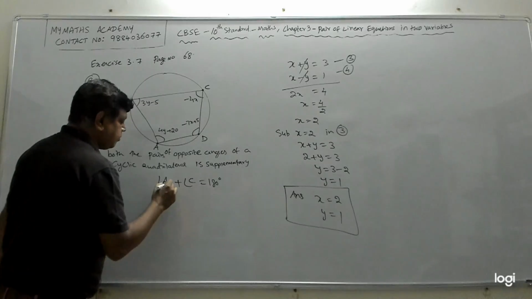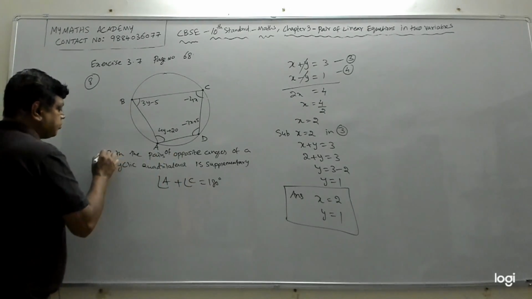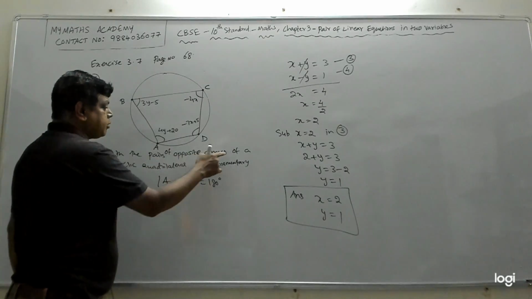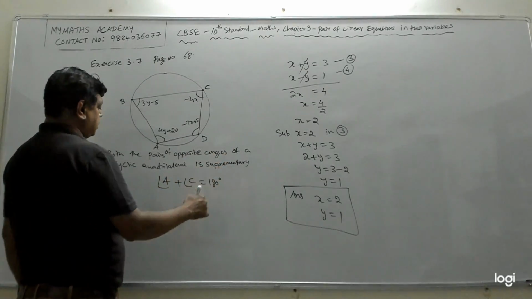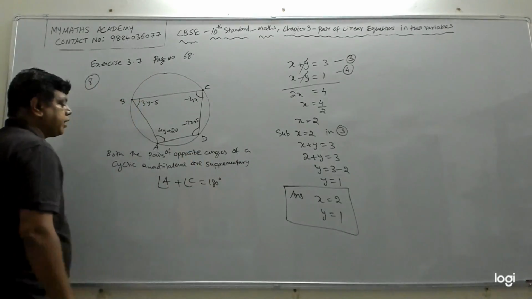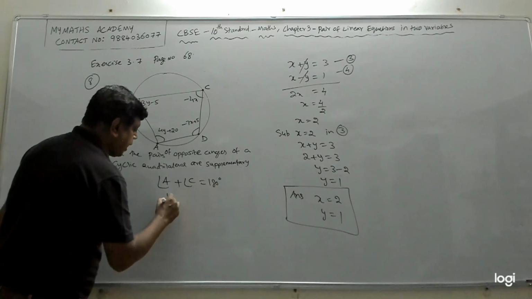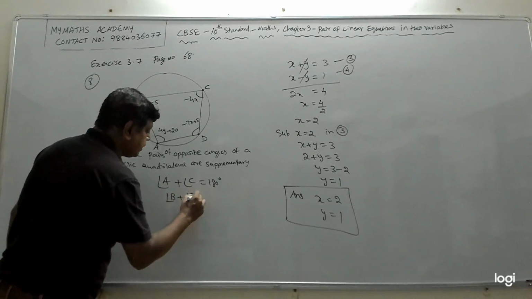What is the meaning of this statement? Both the pairs of opposite angles of the cyclic quadrilateral are supplementary. Sorry for the mistake in English. Which means angle A plus angle C is 180 and angle B plus angle D is also 180.